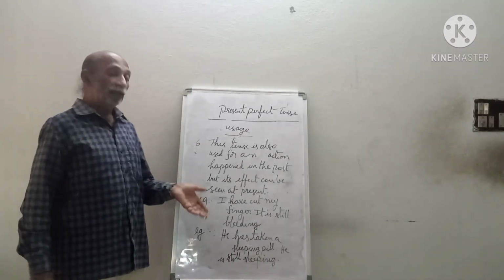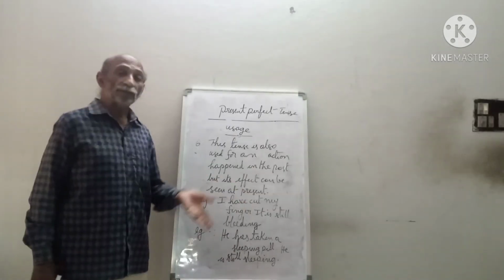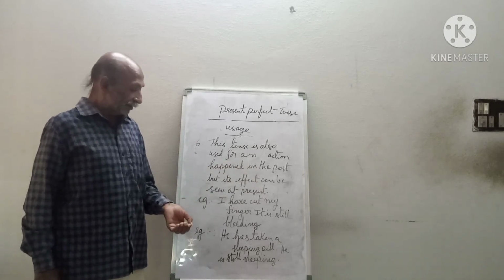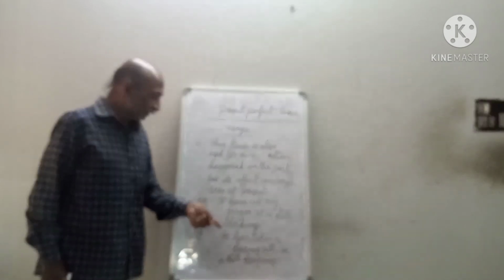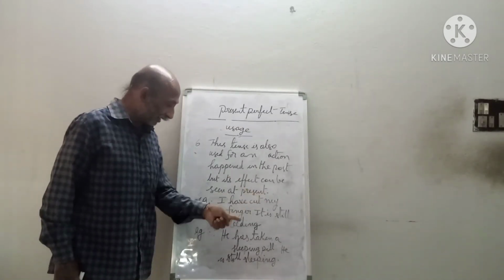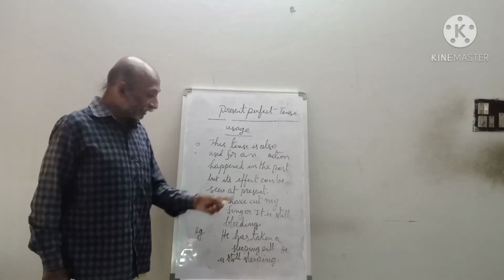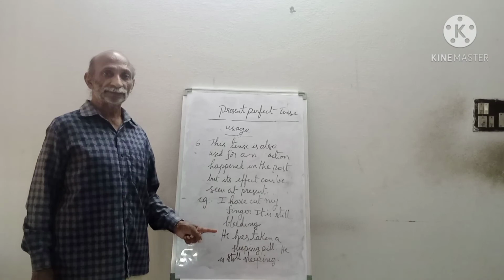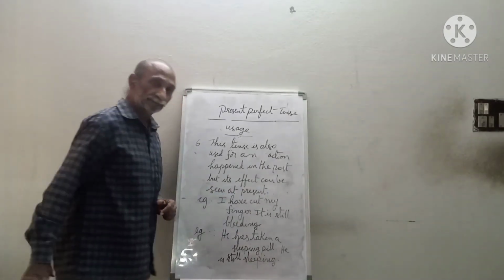Of course, the action happened some time ago, 10 or 15 minutes ago, but the effect is seen at this moment. So the effect of this action can be seen at present. For this reason, present perfect tense is used.